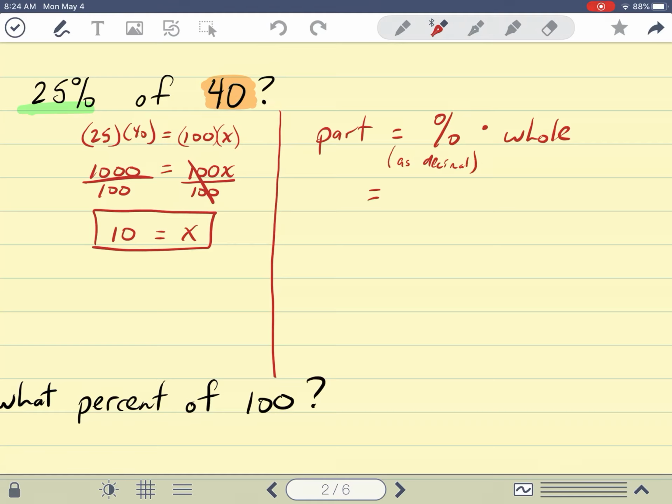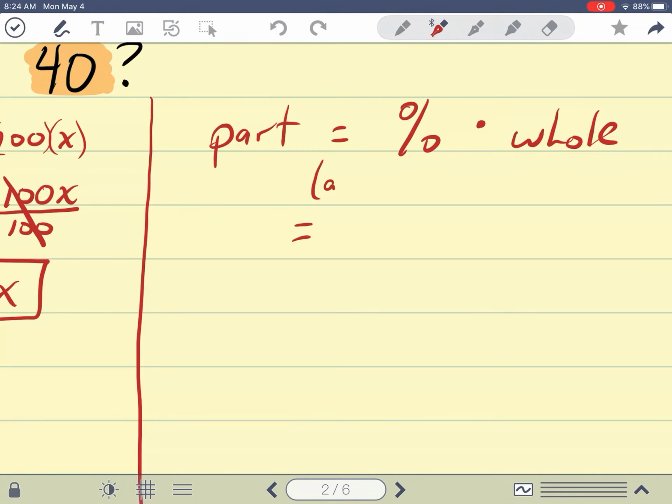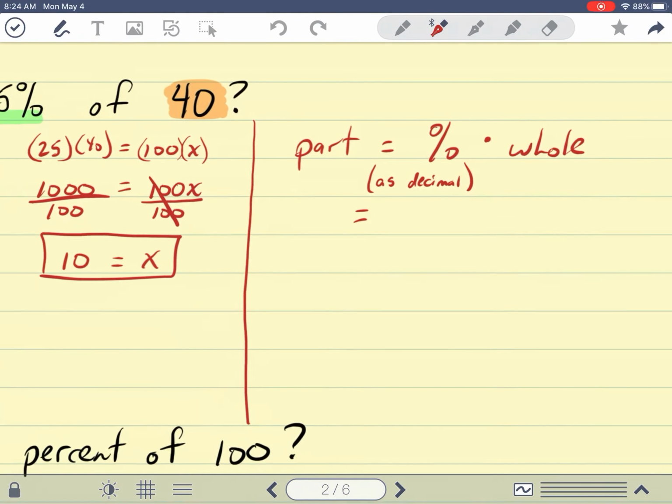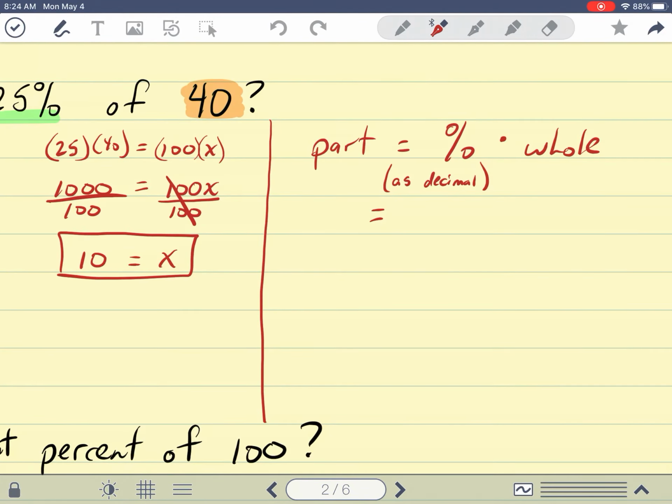Okay. All right, I heard Dilly Bars remind me of that. Good job, thanks. So that's percent, and that's supposed to say as a decimal, but that's not very clear. As a decimal, 25% would be 0.25.